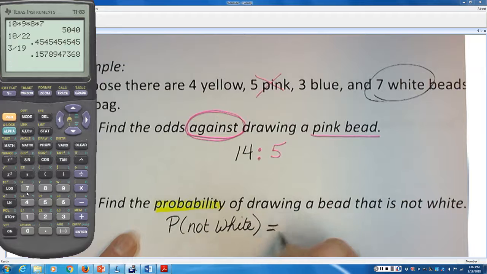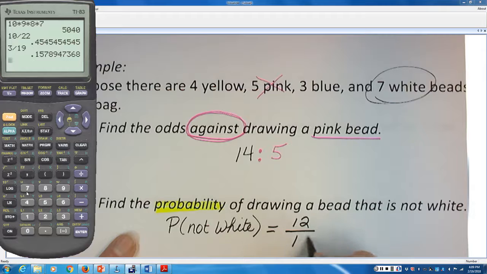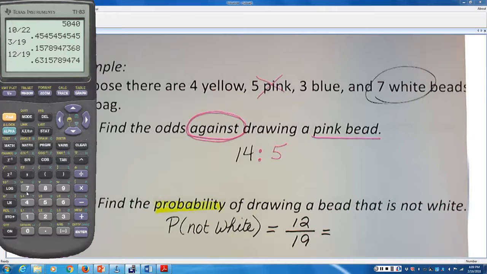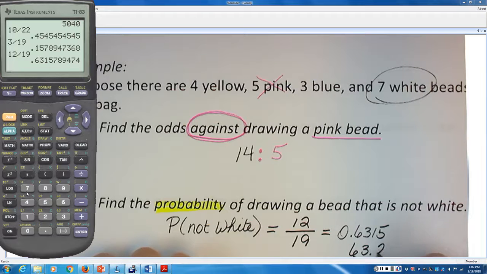So the not white ones are 12 out of a total of 19. Which is 0.6315. Or 63.2%.